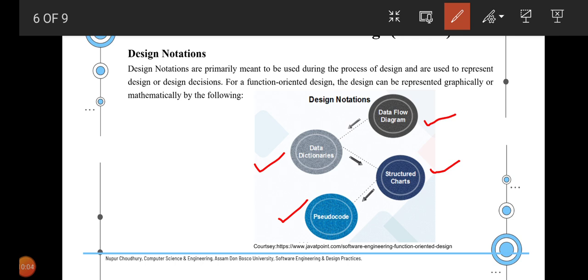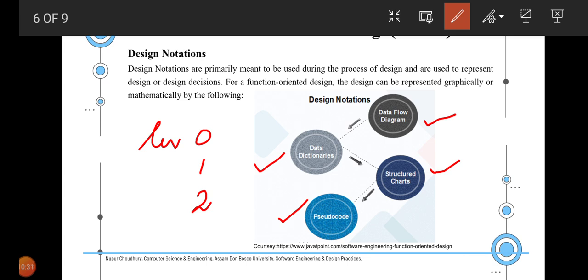If at any level we need to refine any of the processes or any of the functions, we will be going ahead with an elaborate description of those functions in the subsequent levels. Generally, data flow diagram begins with the context level diagram, which is known as level 0, followed by level 1, level 2, and so on and so forth.